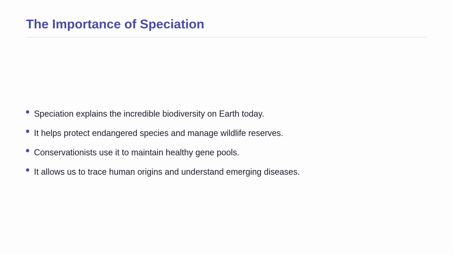In real life, scientists use the principles of speciation to protect endangered species and manage wildlife reserves. By studying how populations diverge, conservationists can figure out which groups of animals need to be protected together to maintain healthy gene pools. It also helps us understand how new agricultural pests emerge and allows us to trace our own human origins.